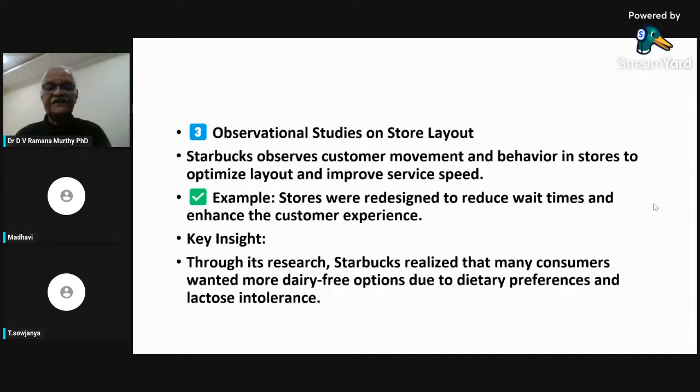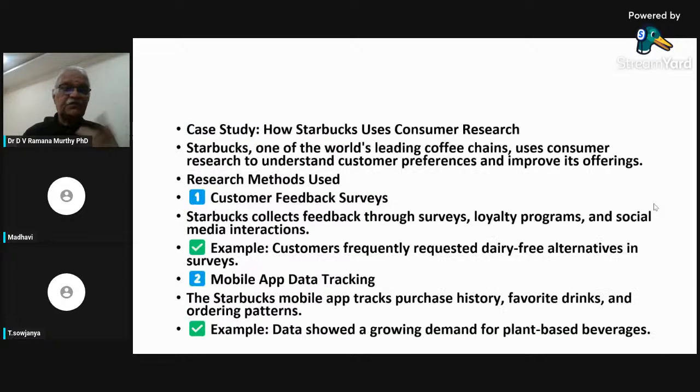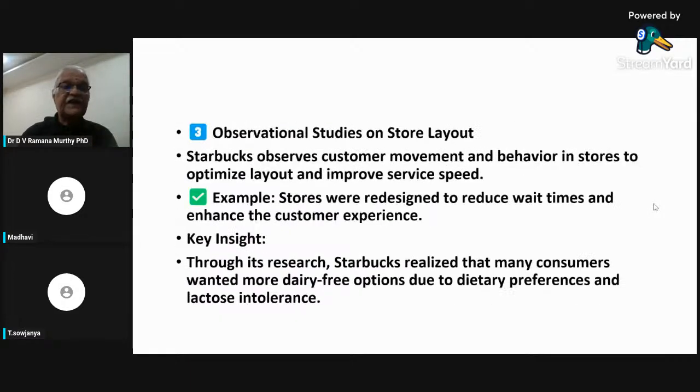See this very interesting aspect, how you are going to study the consumer preference pattern, consumer behavior. We said first is customer feedback surveys, second is mobile app data tracking, and third is observational studies on the store layout, mind it, physically. So what are the key insights when they study this? Through this research, Starbucks realized that many consumers wanted more dairy free options.